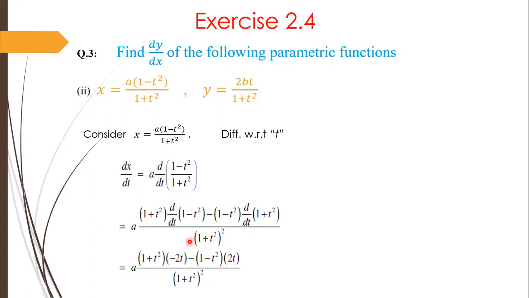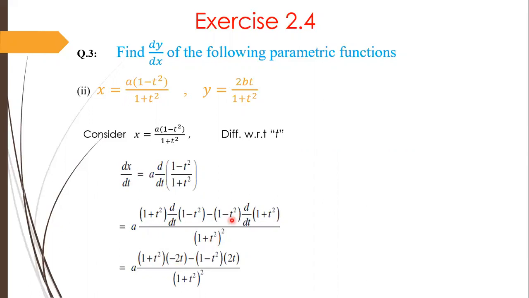Here we will use the quotient formula. a as it is. The quotient formula tells us: (1 plus t square) as it is, times the derivative of the numerator, that is d by dt of (1 minus t square), minus (1 minus t square) as it is, times the derivative of the denominator, d by dt of (1 plus t square), over (1 plus t square) whole square. The derivative of 1 is 0 minus t square; the derivative of t square with respect to t is 2t by the power rule.